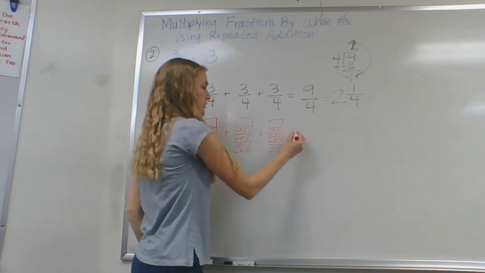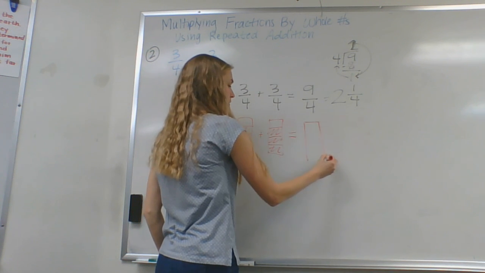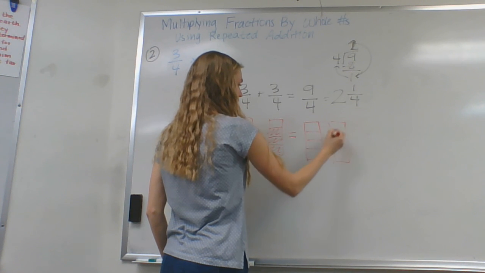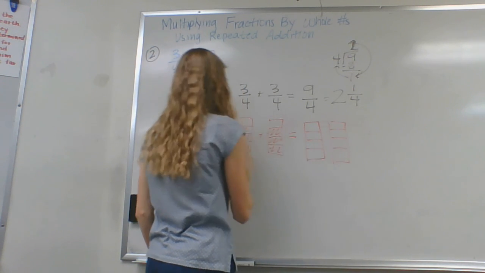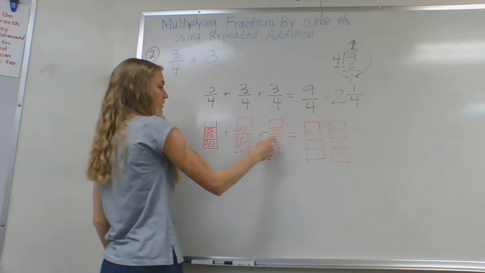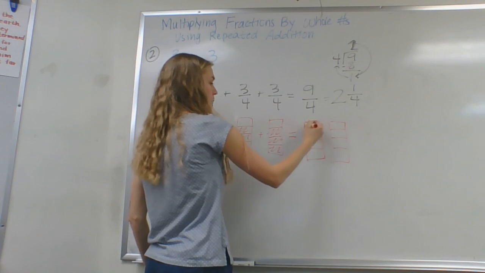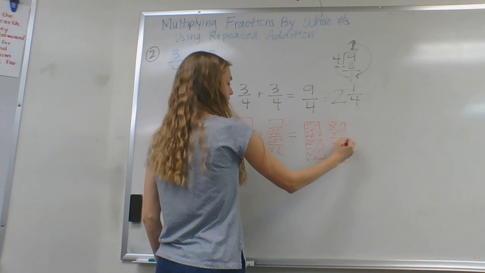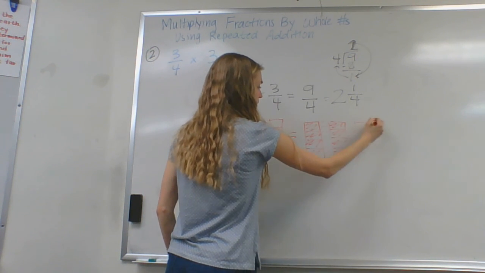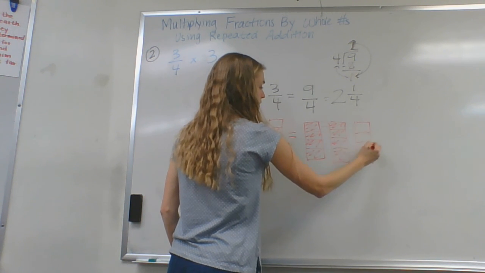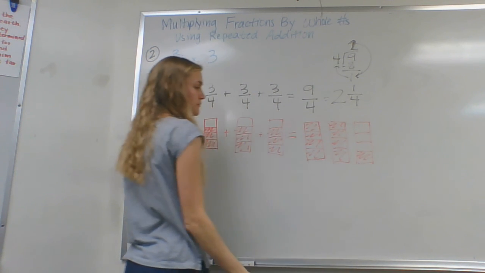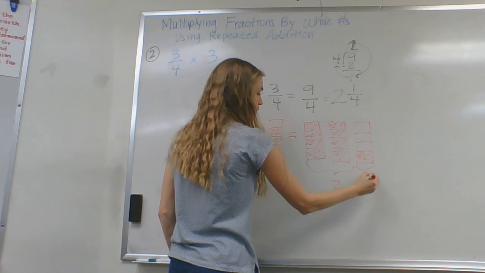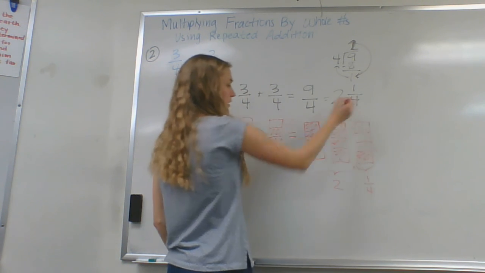And now we're going to show what that equals if we put them all together. So we have 1, 2, 3, 4, 5, 6, 7, 8, 9, just like we counted here. We want to draw another one for our 9th. And so that's 2 and 1/4. Same thing we got there.